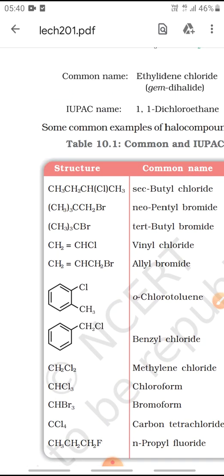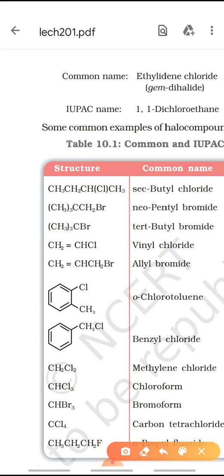Similarly, this compound, the fourth one, will be 1-chloroethene. And here, this is an important example. See here, you have to remember while naming such compounds, you have to give preference to the double bond.